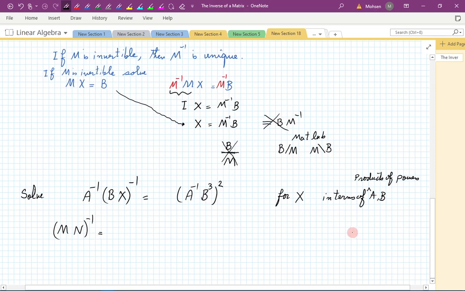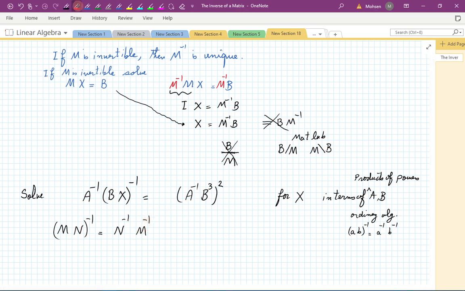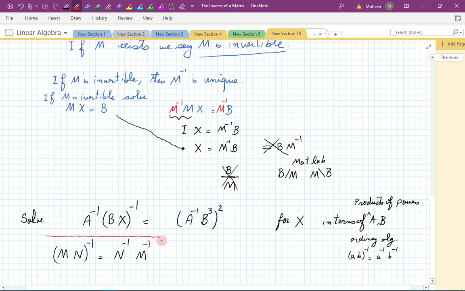Over there you would say that (ab) to the power of -1, or to any power, is the first one to that power, the second one to that power. That was fine in ordinary algebra. What is different here is that the matrices show up on the right-hand side in reverse order. So let me put this in a red box.